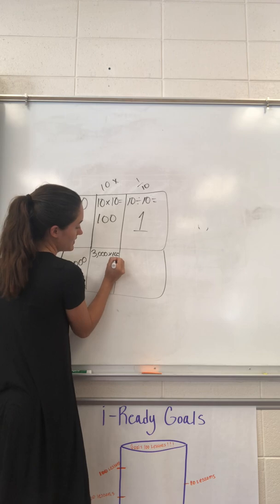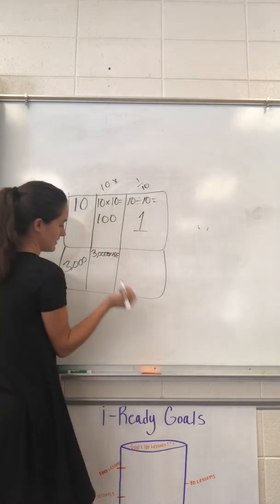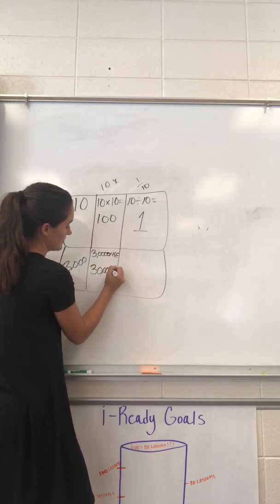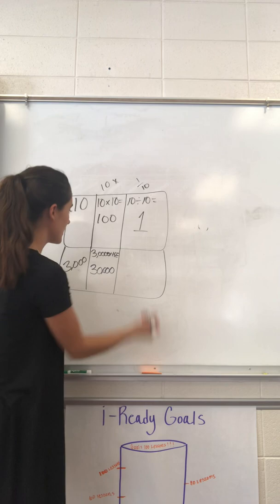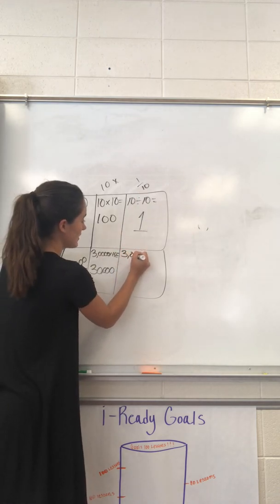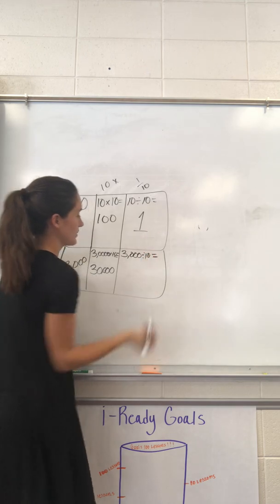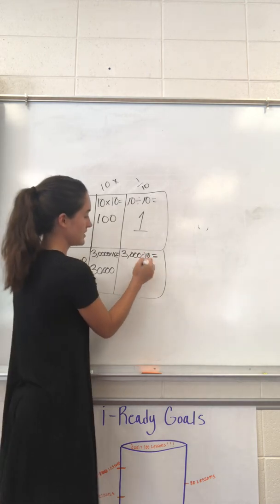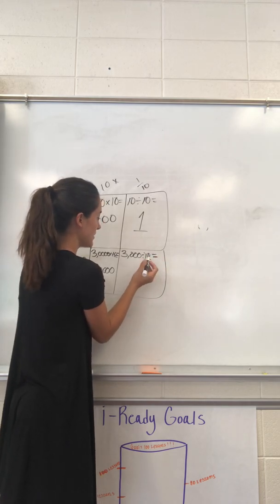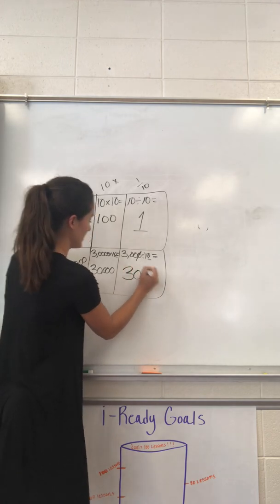This 10 only has 1 zero, so all we have to do is add a 0. That's going to give me 30,000. And now, for 1/10 of, we're going to divide by 10. So we're going to do 3,000 divided by 10. Look how many zeros we're dividing by. That has 1 zero in this 10. So we're just going to take away a 0 here. That's going to give us 300.